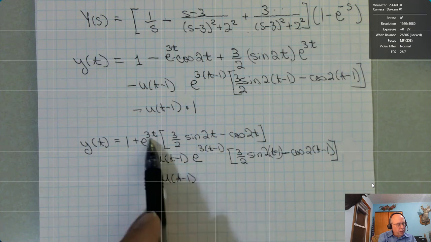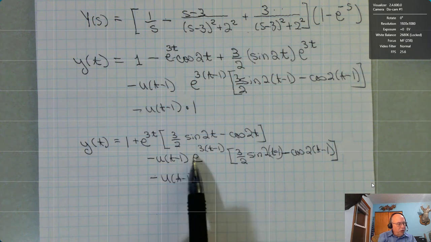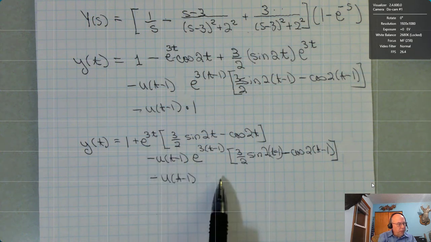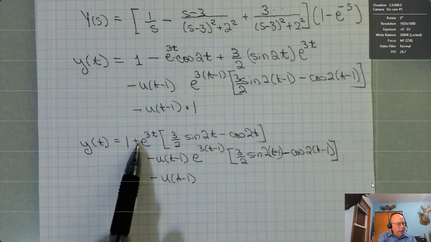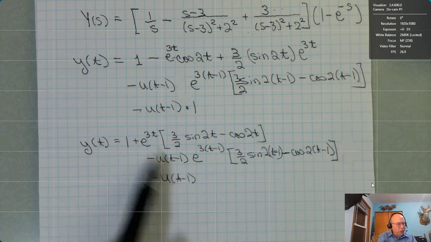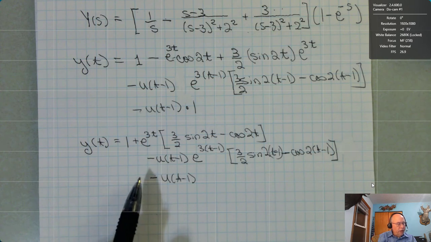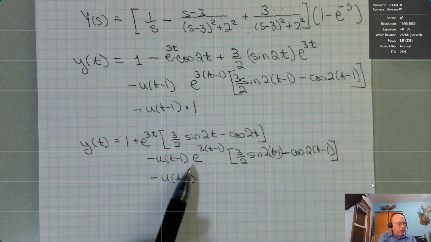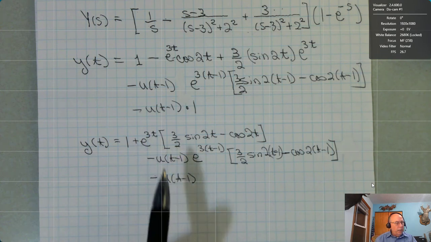Those are exponentials that grow. So the question might be, well, hold on. If this were a mass spring system or an LRC circuit, how is it that the response of the system is growing exponentially? It's not a case of resonance, because resonance will generally give you a linear term out here.